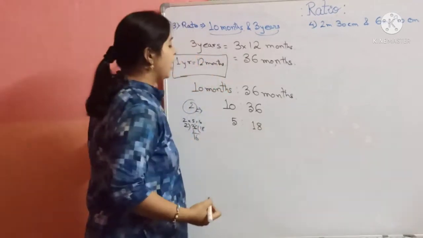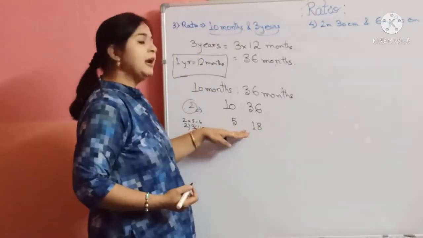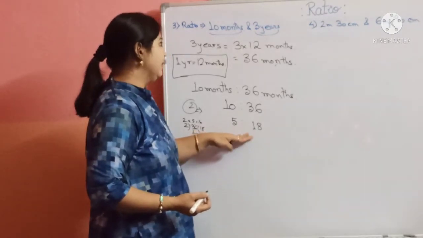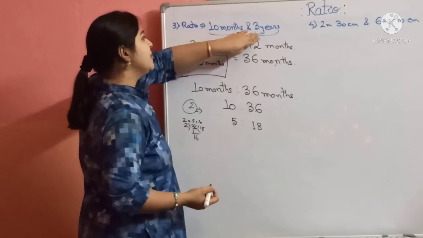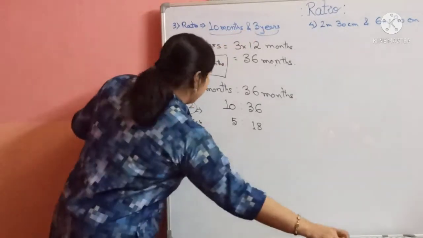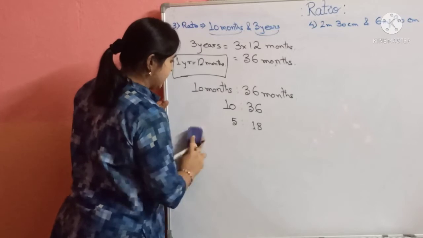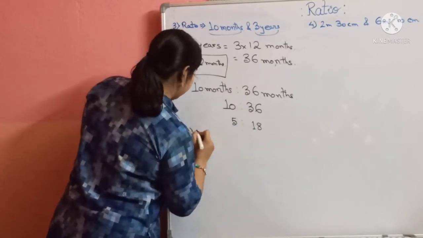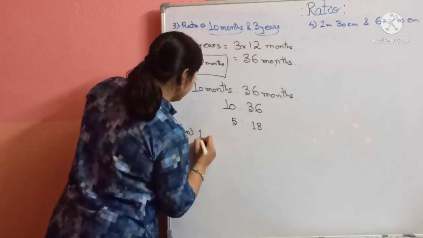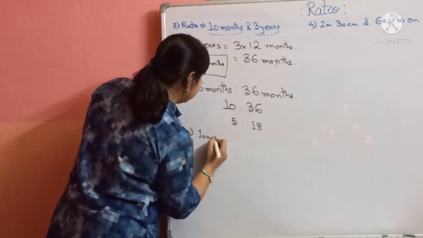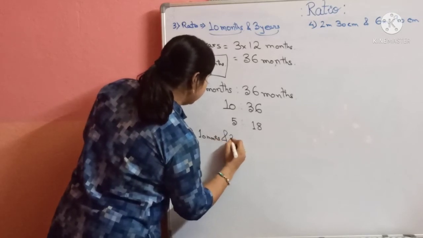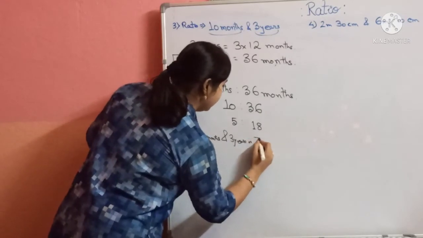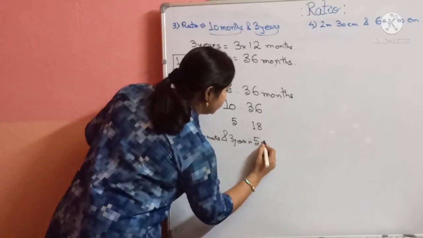Now both are in such a condition that no more common divisibility factor is available. So the ratio of 10 months and 3 years is 5:18. How should you write the answer? 10 months and 3 years is 5:18.